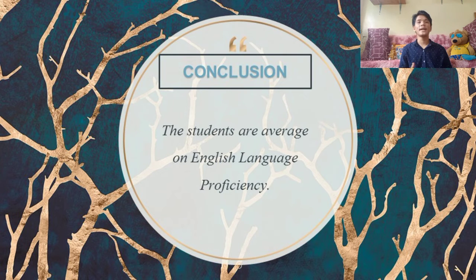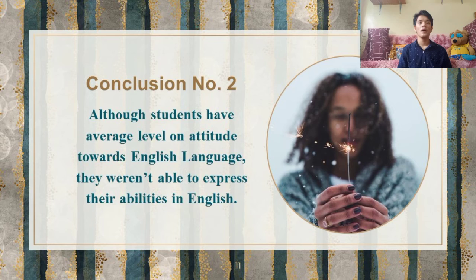Now, we are down to our conclusion, and we conclude that the first-year students of the Bachelor of Arts in English Language Studies are average on English language proficiency. Second, although students have average level on attitude towards English language, the respondents weren't able to express themselves on their ideas and abilities in English.